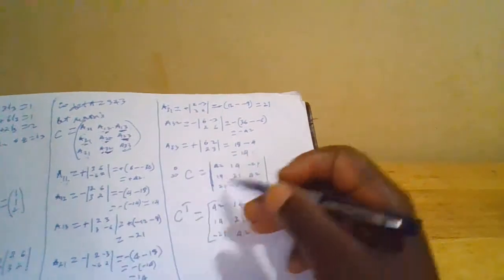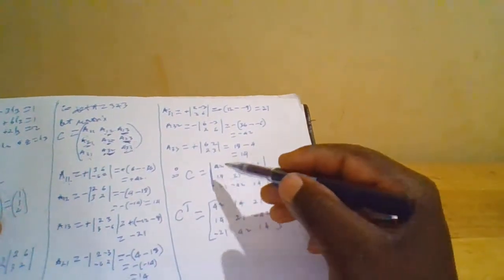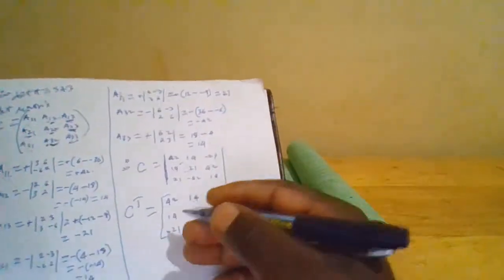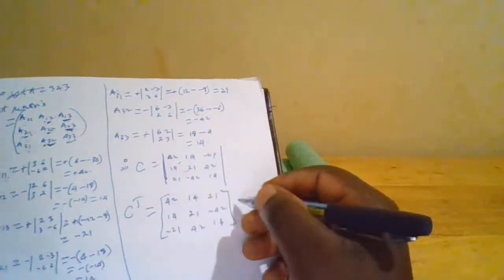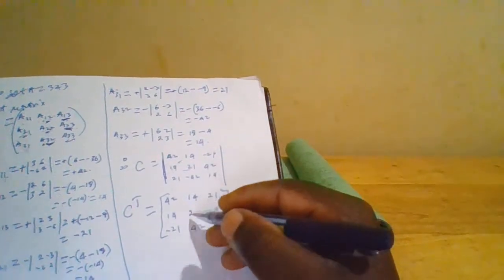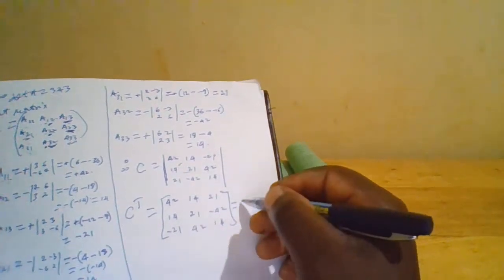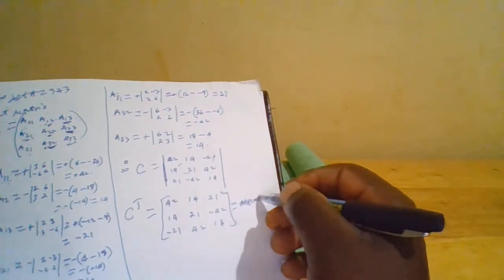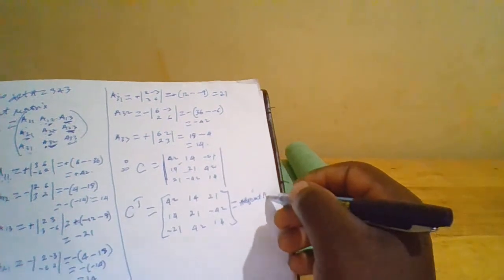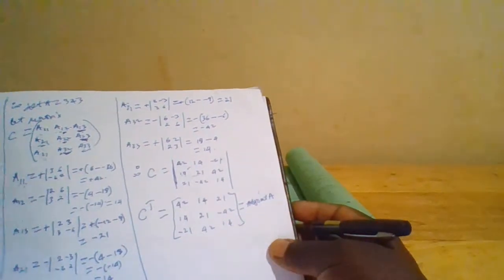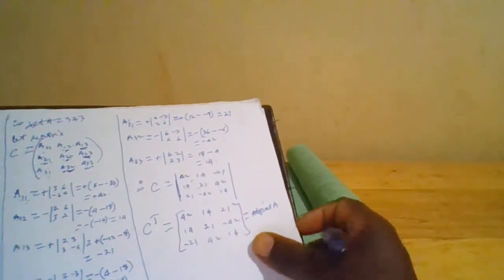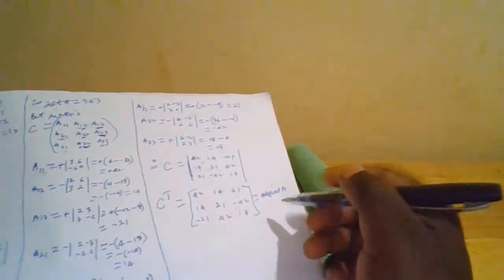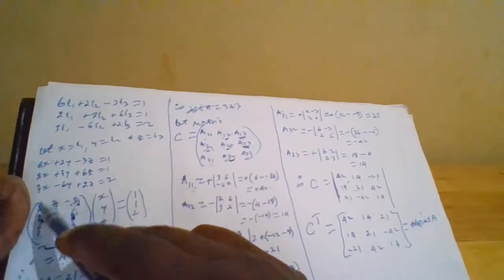But when you get the transpose of this matrix, the result of this is equal to the adjoint of the matrix. Remember the matrix is this one.